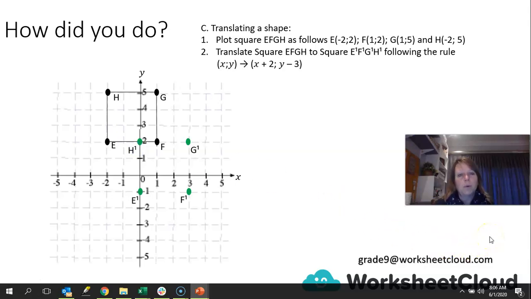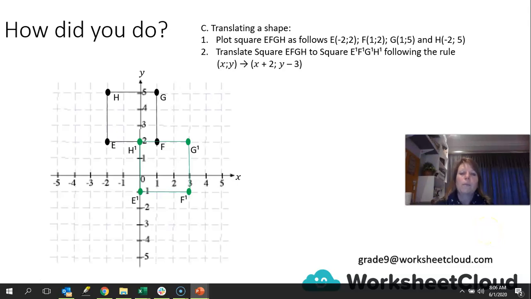Again, those are just points until we join them, and it makes a square. Does the square look like the same size? It is the same size, therefore we have mapped square EFGH onto square E1, F1, G1, H1.